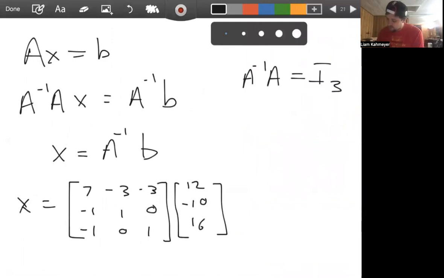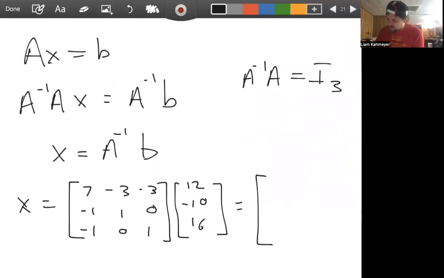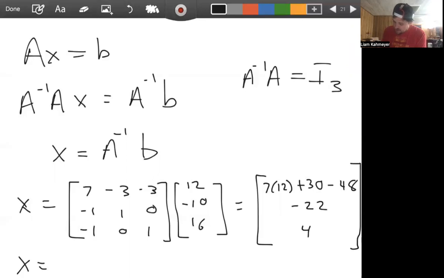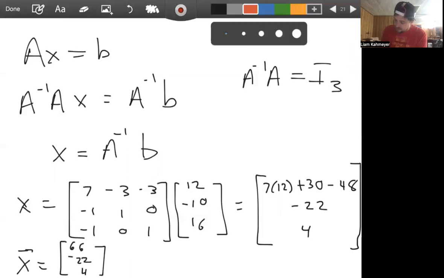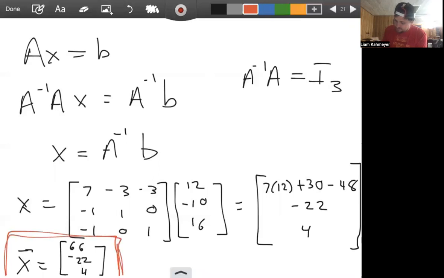And so if you take this product, what you get is like 7 times 12 plus 30 minus 48. And then looks like you'll get for the second entry, -12 minus 10, so -22. And then for the third entry, I'm going to get -12 plus 16, so 4, which looks like I'm going to get X is equal to 66, -22, and 4. And this would be the solution to the system.